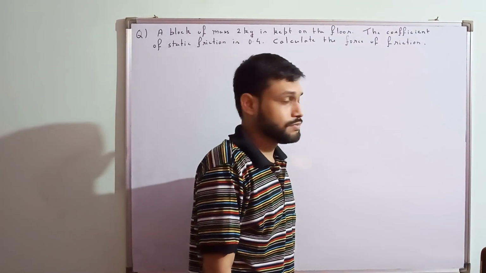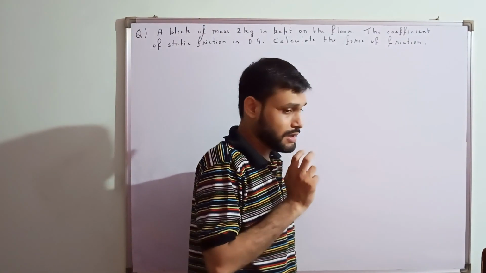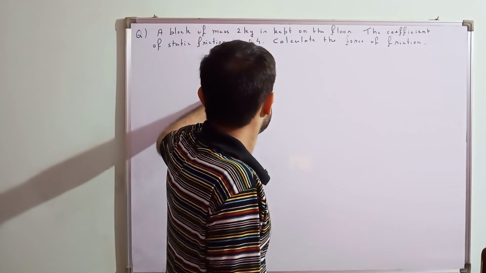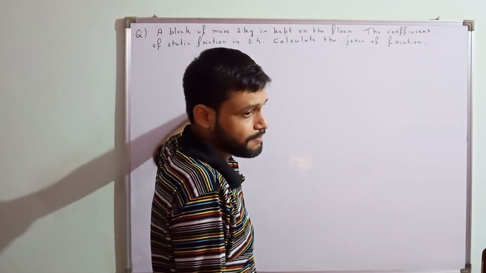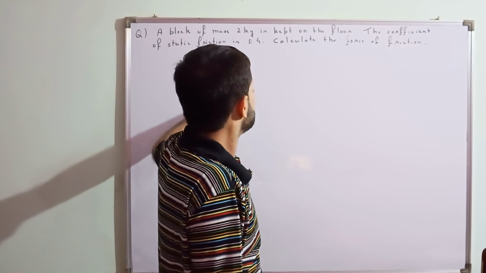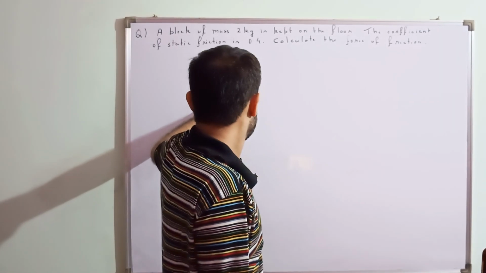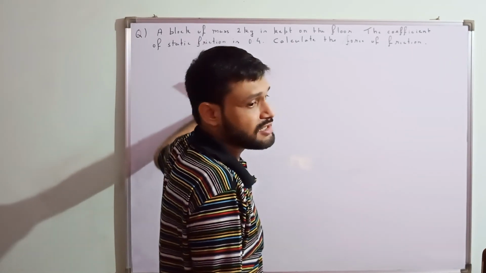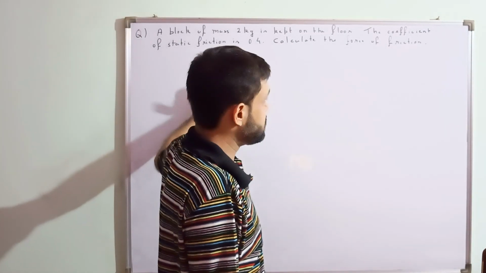So what we will do? See, the problem is, we know if the object is at rest, the friction force is a self-adjusting force, isn't it? It may be 0, it may be some other value.